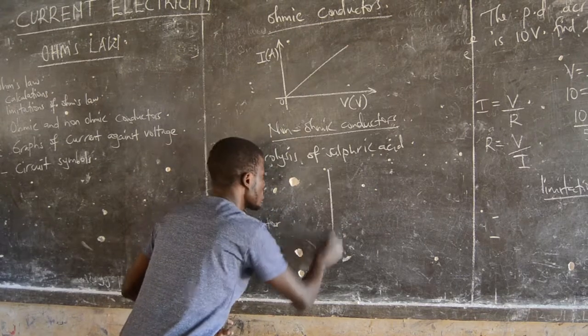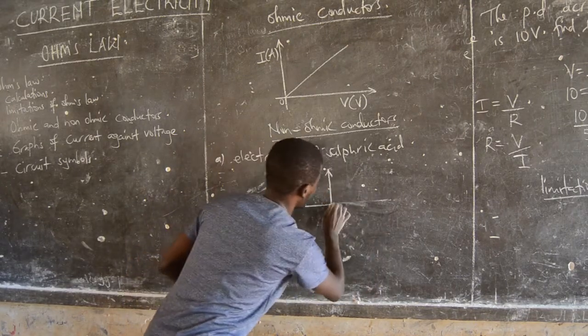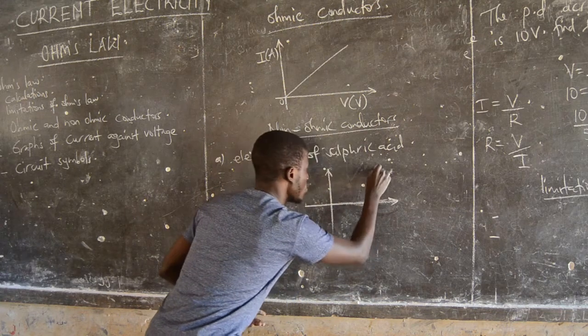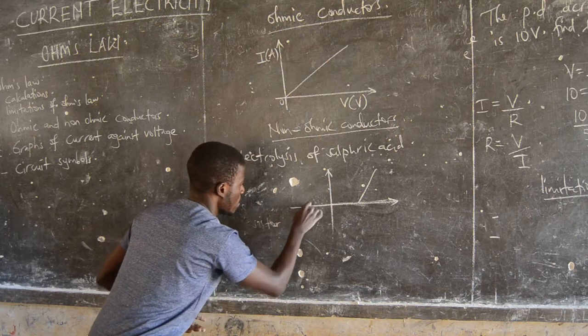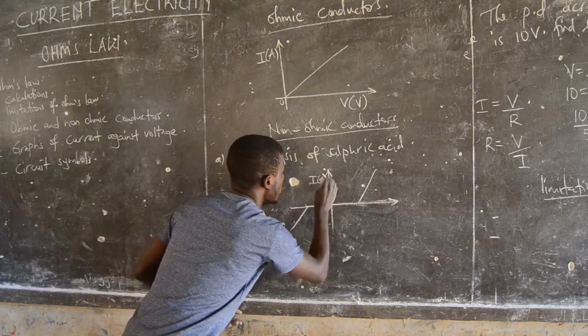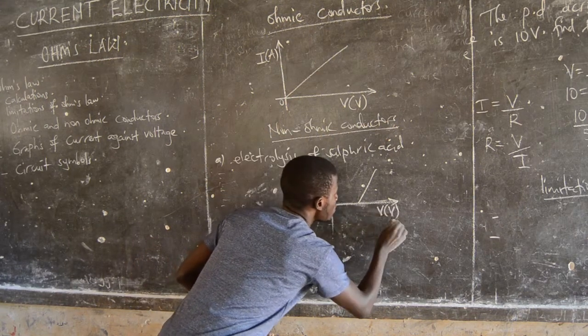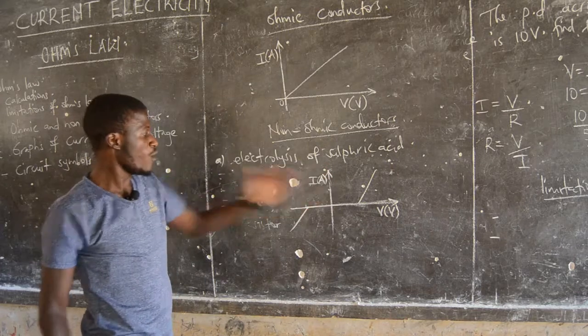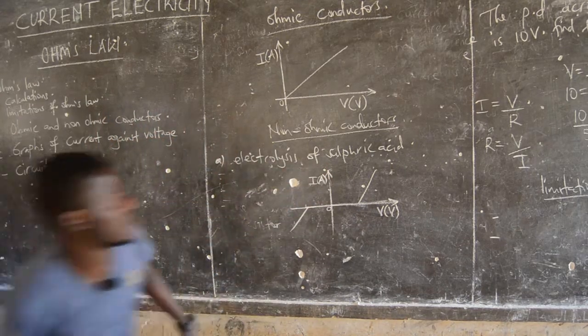In this case, the graph will look like this. Are you seeing it? If we have current here in amperes and we have voltage here. Those are the graphs of current versus voltage. So that's how it will look like for electrolysis of sulfuric acid.